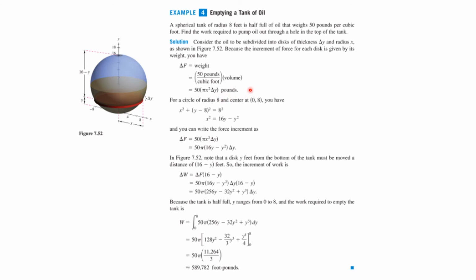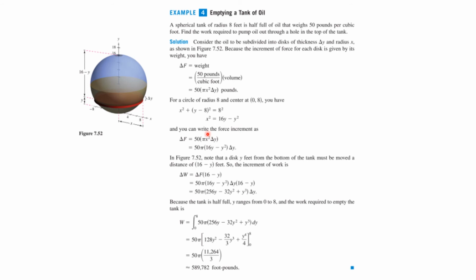Now it is important that you really think about this. And now we're going to talk about how far we have to move it. So for a circle of radius 8, which is the full radius of the tank, and a center at (0, 8), you have x squared plus (y minus 8) squared equals 8 squared, so x squared is equal to this.